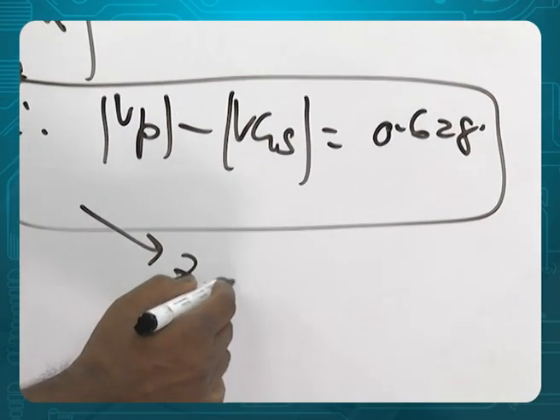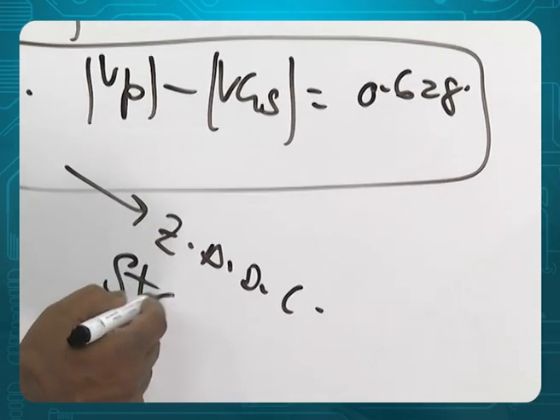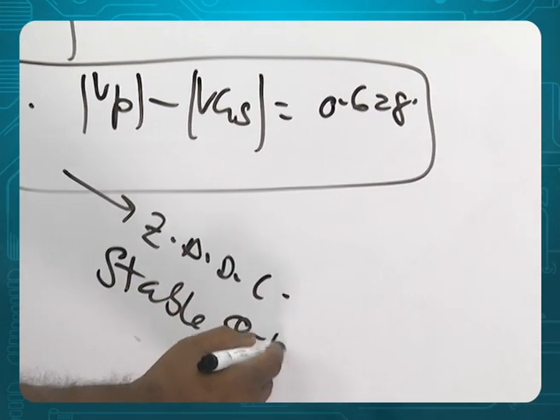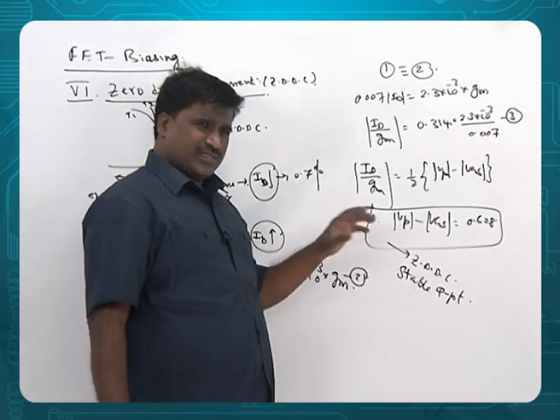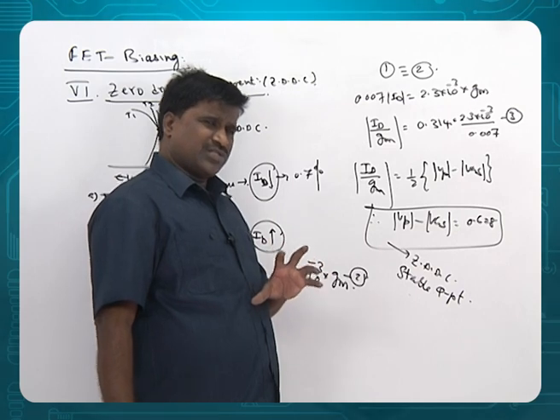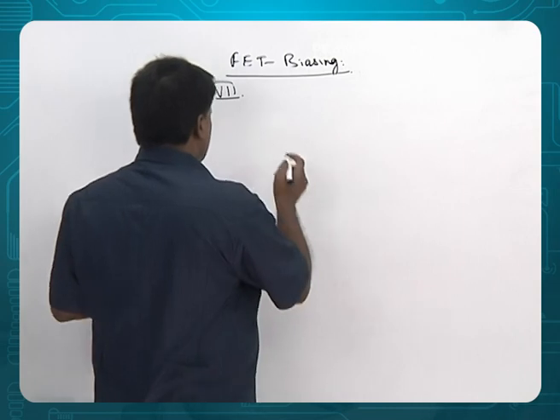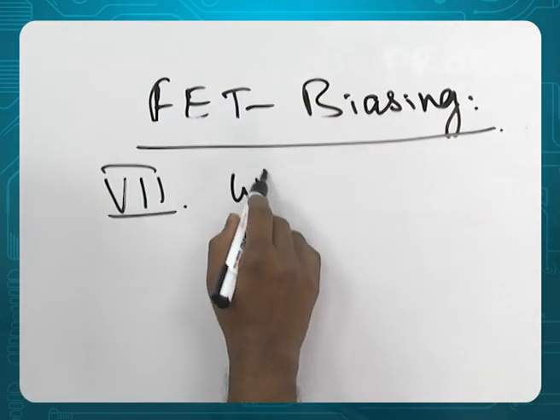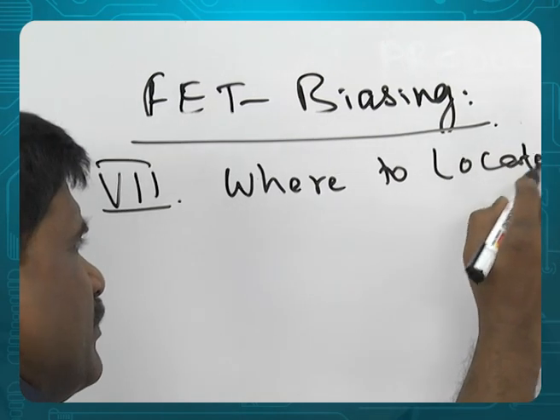This is the condition for zero drift drain current or a stable Q point. If you design a circuit for this, we are going to achieve the most stable point. Seventh point. Where to locate the Q point?